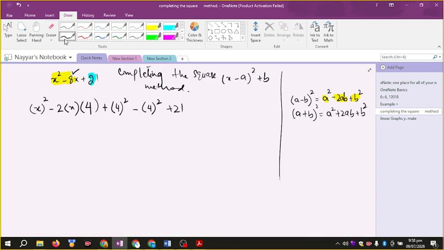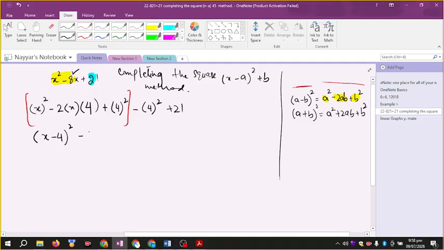Now you can see that till here it's my perfect square, a square minus 2ab plus b square. So I can write this whole identity in this form, a minus b whole square. Now I will solve the last two terms, minus 4 times 4 is 16.